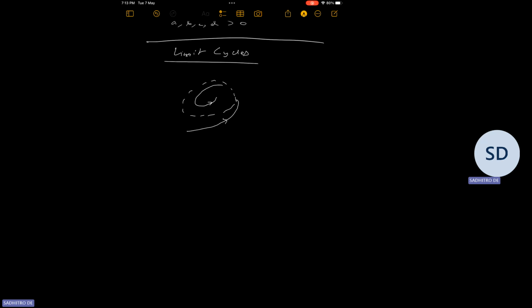Or the other way around: the trajectory starting from inside can approach it, while the one starting from outside can leave it entirely. So this is what is called a half stable limit cycle.